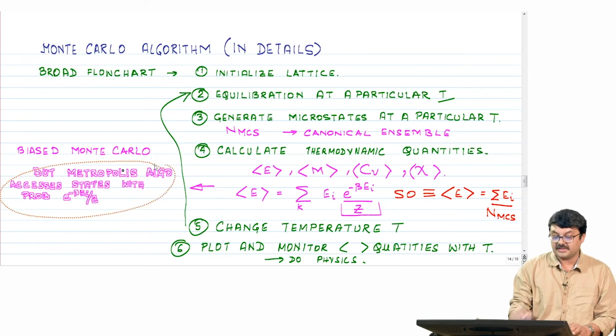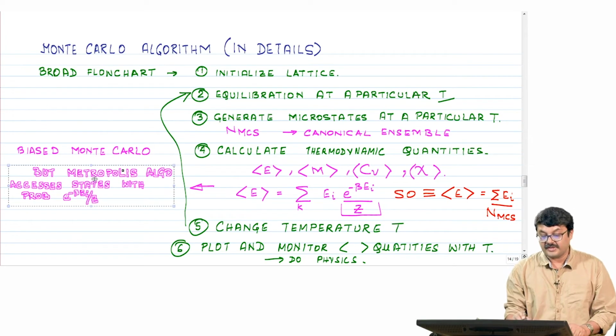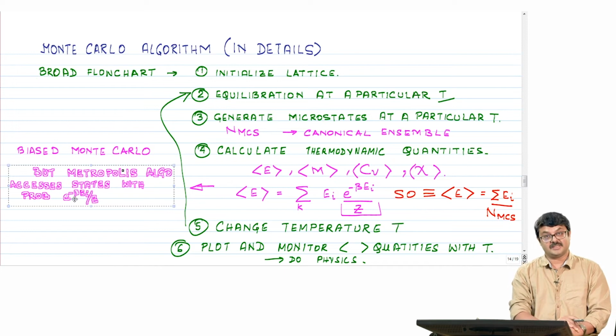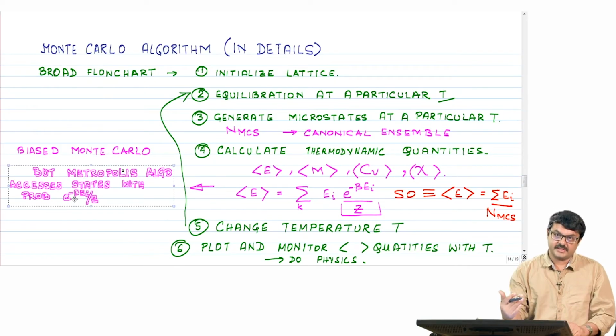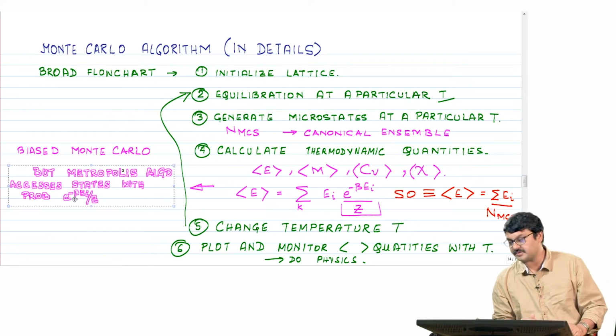So, this is what I told you, that in the Metropolis algorithm, various microstates are accessed with probability e to the minus beta delta E. It is a biased Monte Carlo, all microstates are not equally accessed. We are already using the background physics that we know to access different microstates.